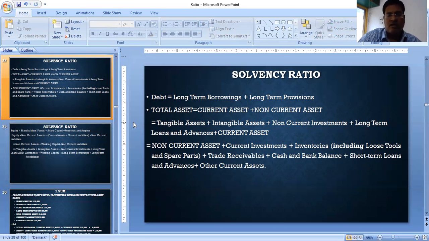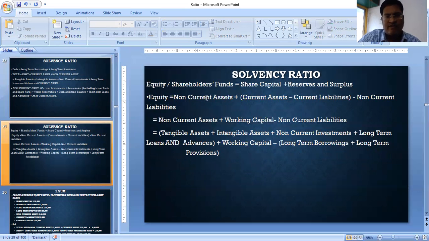Now we have the meaning of equity. Equity or shareholders fund or proprietors fund is share capital plus reserves and surplus. See, long-term liabilities we have not taken, that is, long-term borrowings is not taken in equity. Equity is non-current asset plus current asset minus current liability, that is working capital, minus non-current liabilities.